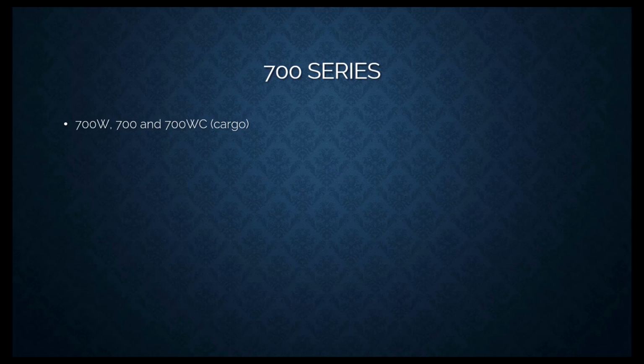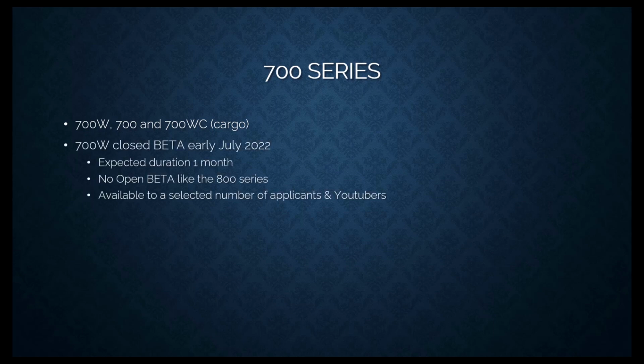The 700 Whiskey will be released first as a closed beta somewhere in early July 2022, so in about 5 to 6 weeks from now. The closed beta duration is expected to be around 1 month or so.